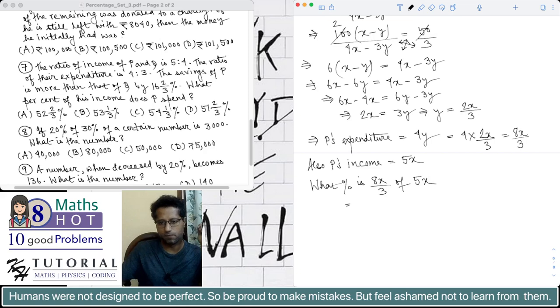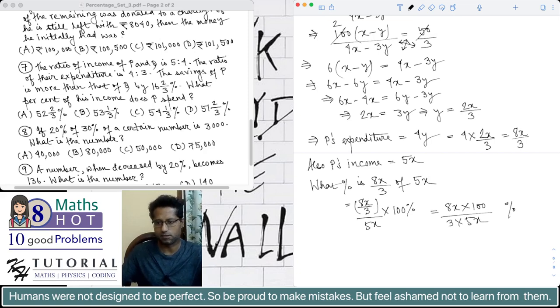So this is equal to 8x by 3 divided by 5x multiplied by 100 percent. After simplification we get 8x multiplied by 100 divided by 3 multiplied by 5x percent. So x cancels out, 5 cancels 100 to be 20, and this is equal to 160 by 3 percent.